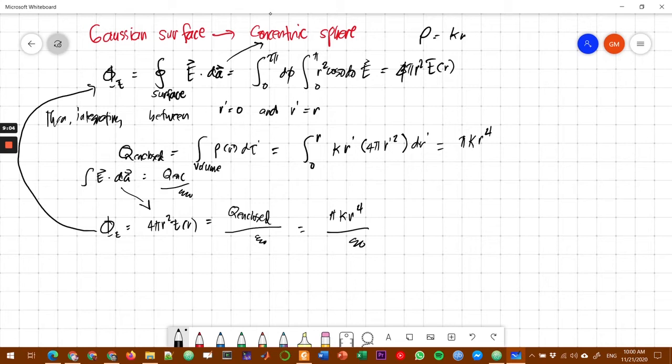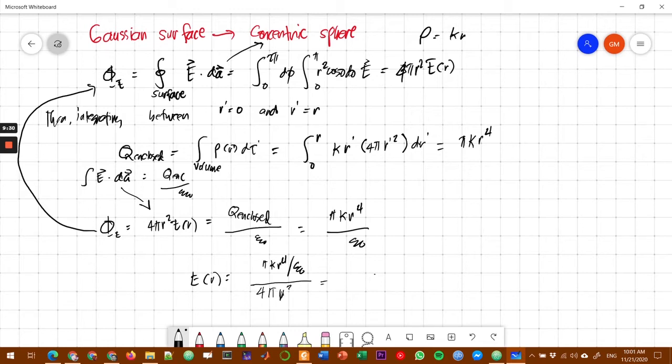So, ang gipangita is ang electric field man. So our electric field would be just this one, pi k r to the 4th over epsilon naught, over kani siya imuhang 4 pi r squared.